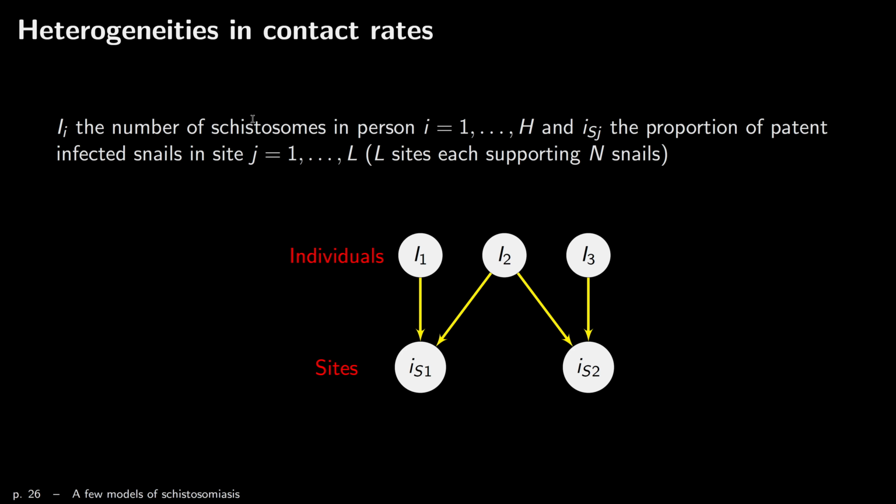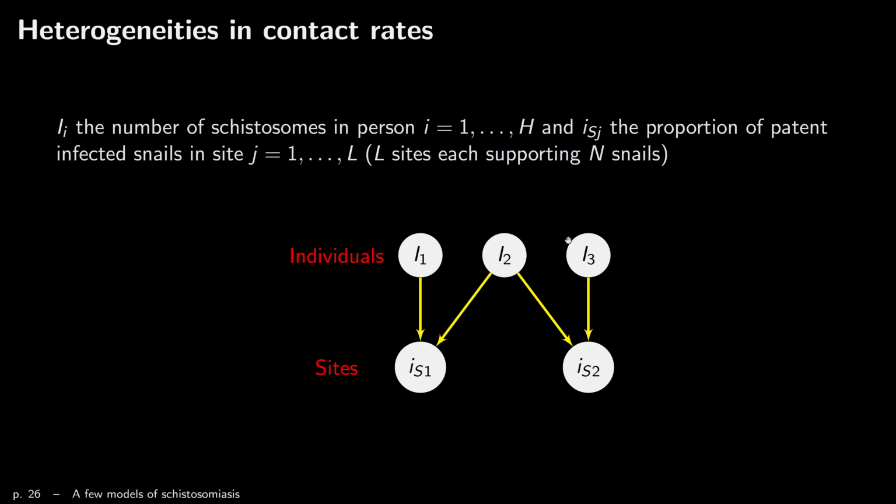Now, this is an interesting one because one of the things I do a lot is what I'll call metapopulation models, and this is a type of metapopulation model that is very interesting. So here he considers the number of schistosomes in a given person. Okay, so we have a person and we label each person. So you can see I'm going to write I sub i, the number of schistosomes in person i.